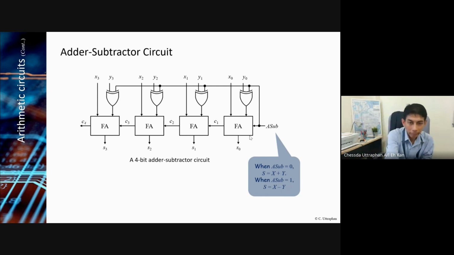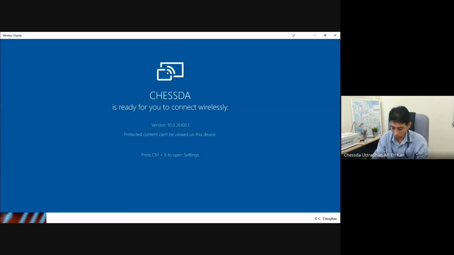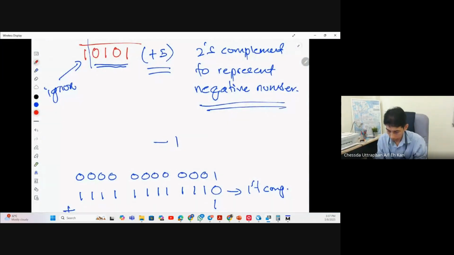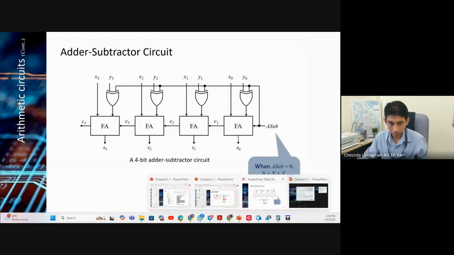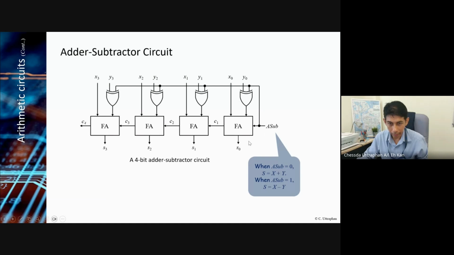So how is this possible? The answer is this. Let's go back to this. Let's examine this circuit. How does this circuit work? So this is an XOR gate.